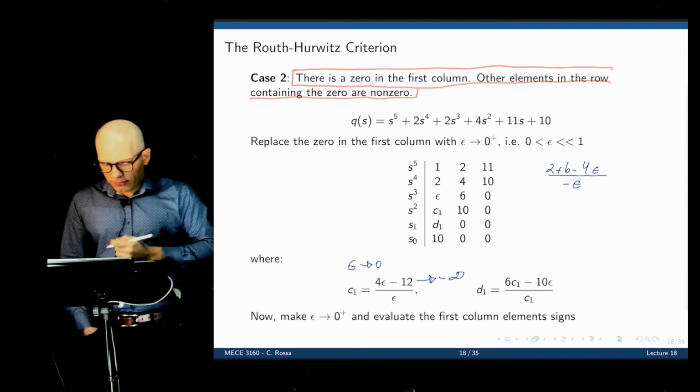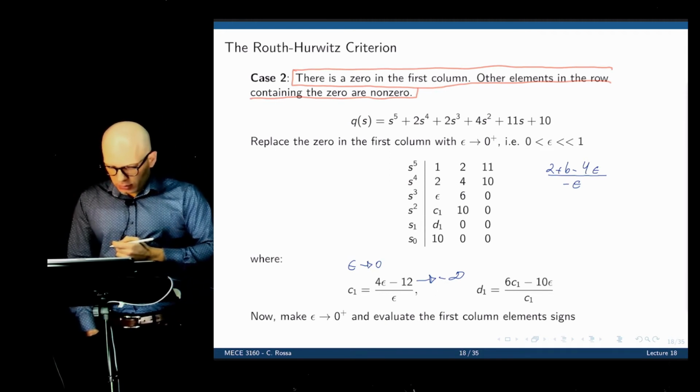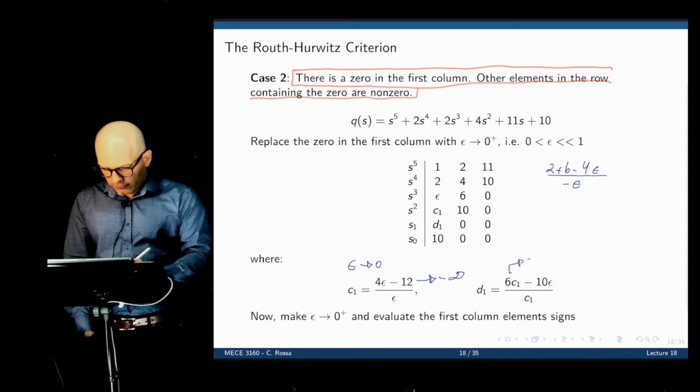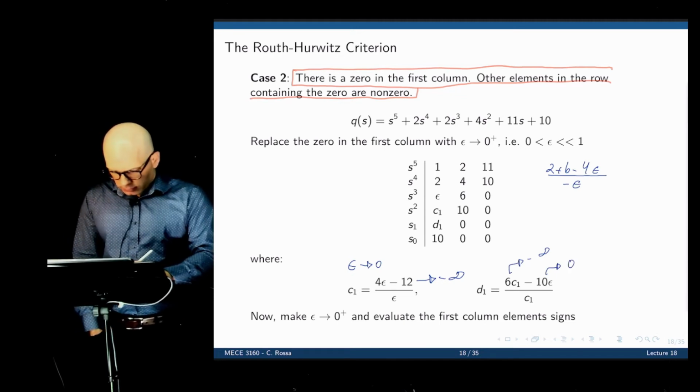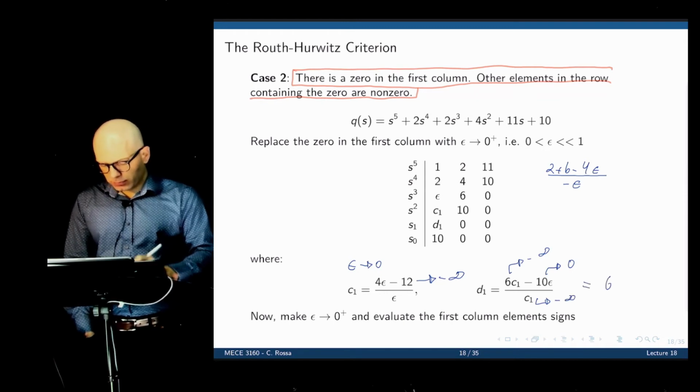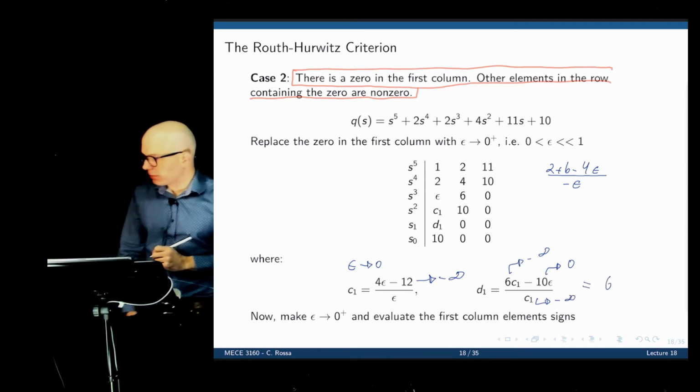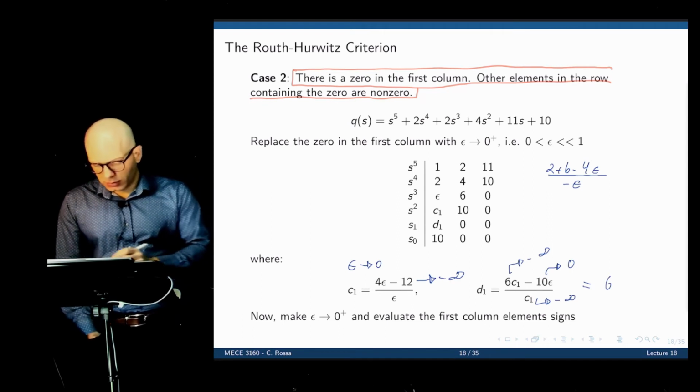We can do the same for D1. 6 times C1, with C1 tending to -infinity, minus 10 times 0, since epsilon tends to 0, is 0, divided by something tending to -infinity, will actually tend to a finite positive number. So D1 is positive.